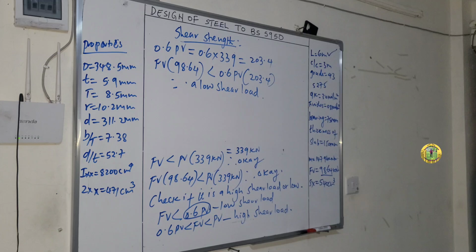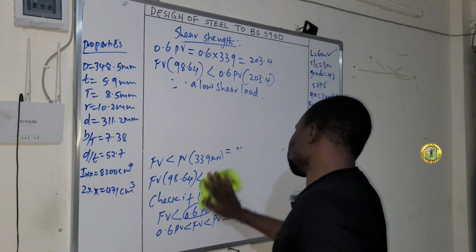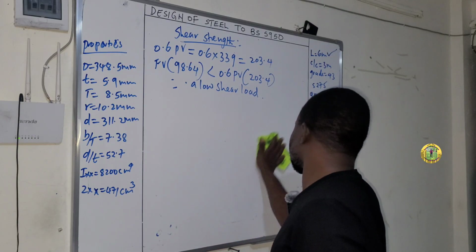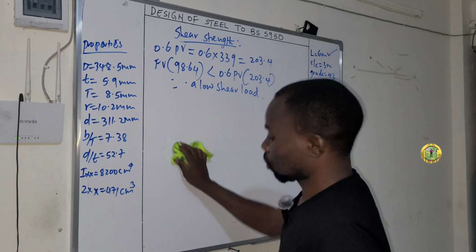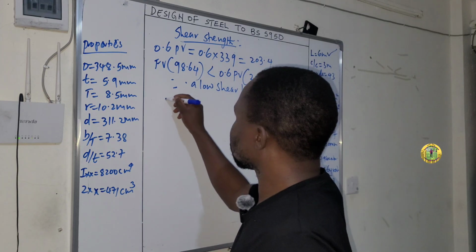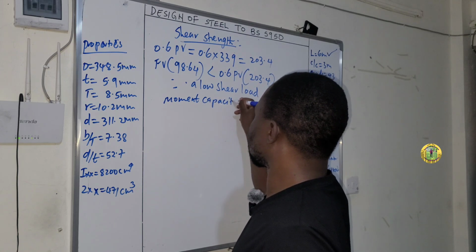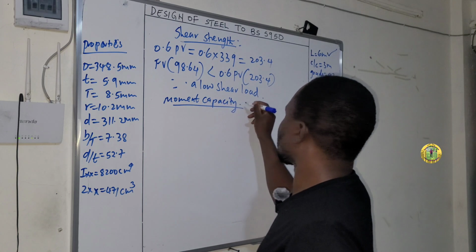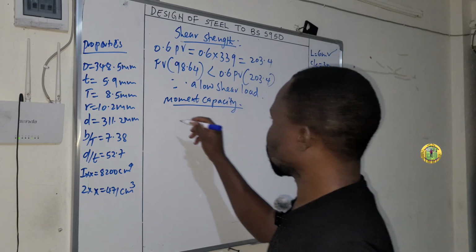Moment capacity. So for moment capacity, when dealing with a low shear load, it's given by this formula.